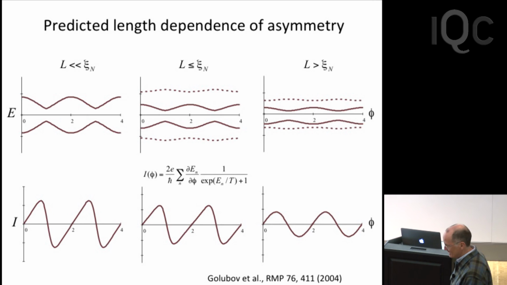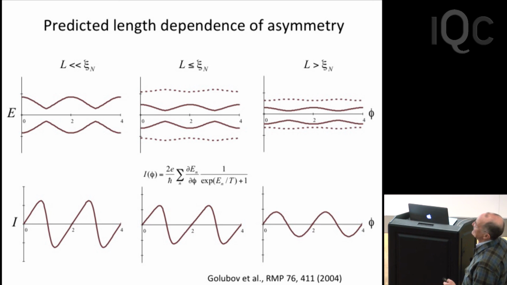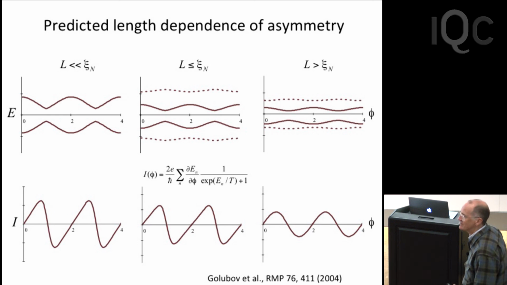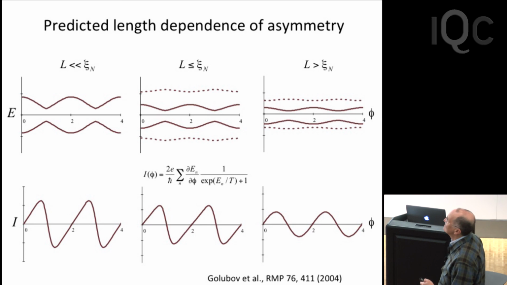Again, going into the theory literature, we found that what they expect is that if you have a junction length which is smaller than the characteristic coherence length of the scattering, then you get a fairly skewed current phase relationship.